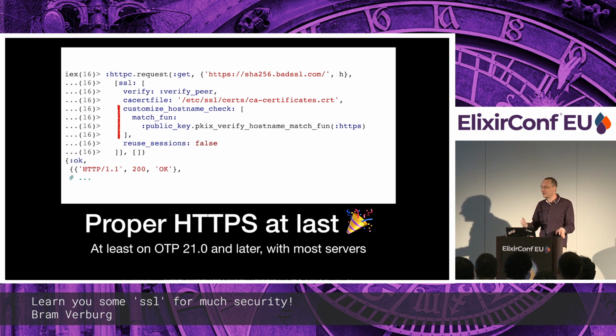So there are some cases where maybe your browser will accept a connection to a server and Erlang SSL won't, but I would argue that this is a server misconfiguration, but it's not always possible to get the server guys to reconfigure that. So proper HTTP with most servers.